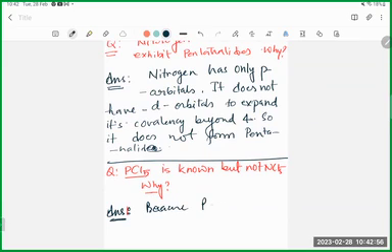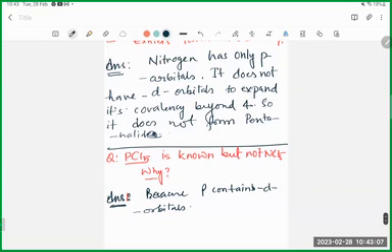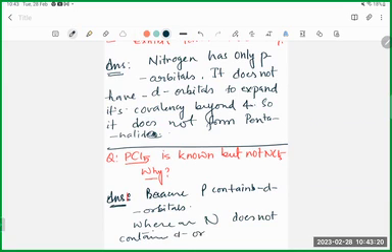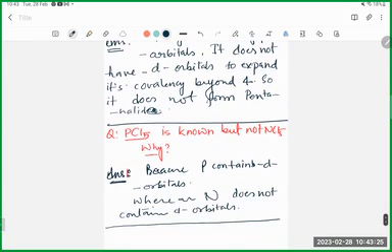Because phosphorus contains d orbitals, whereas nitrogen does not contain d orbitals. Clear? Is it clear, Hridaya? Yes.